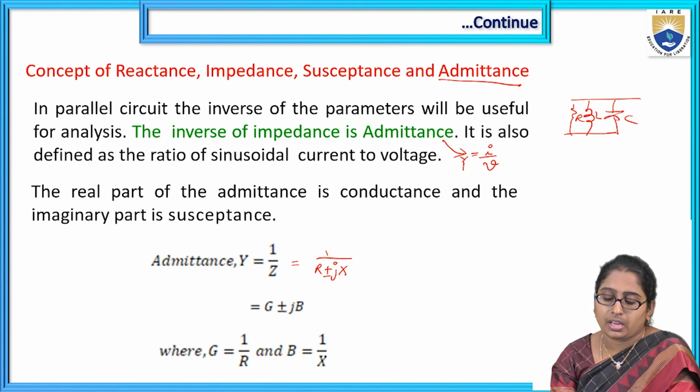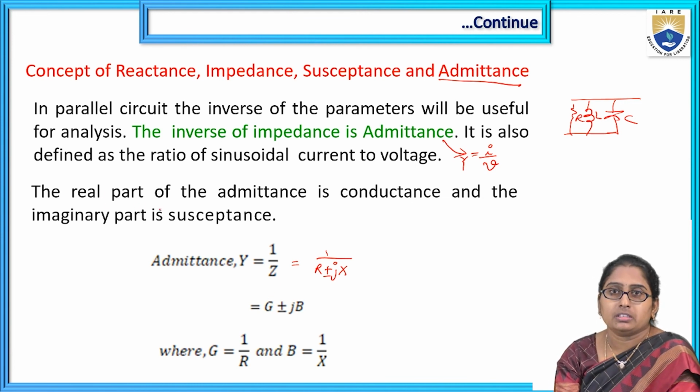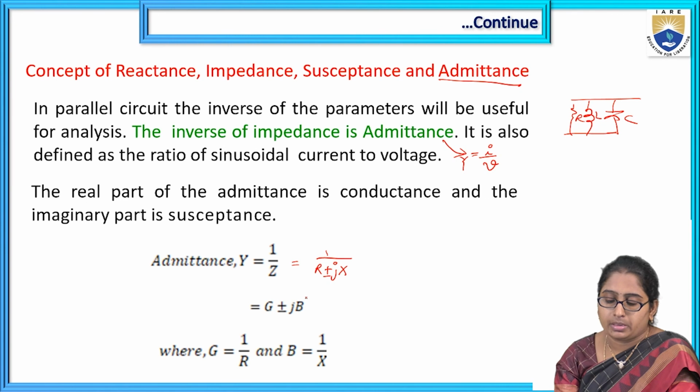Now it is written as G plus or minus jB. What is this G? What is this B? This G is the real part of admittance. It is conductance. And the imaginary part is susceptance, denoted with the letter B.